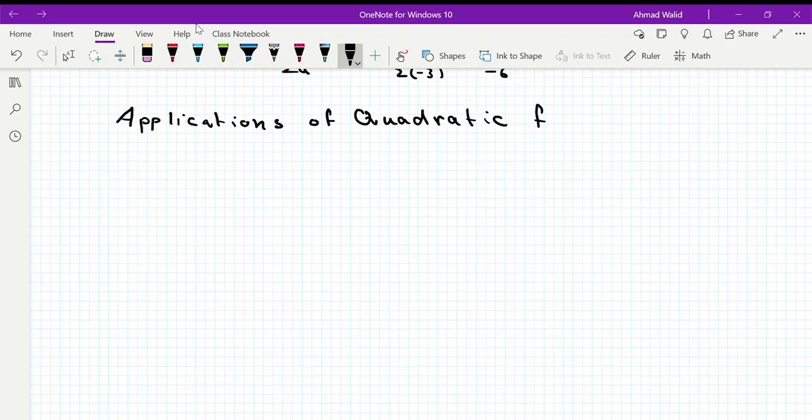Usually, we use quadratic functions to find the maximum or minimum value of a quantity.